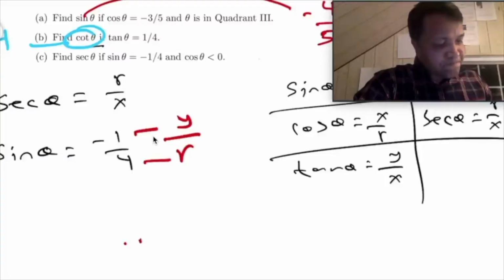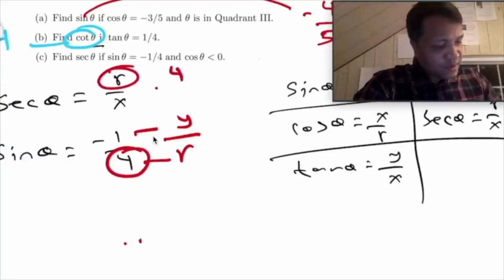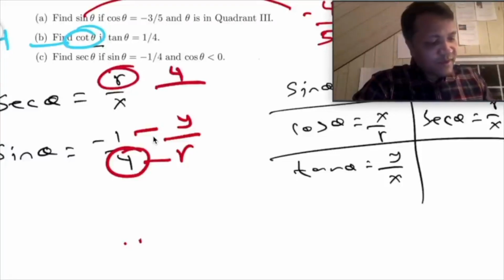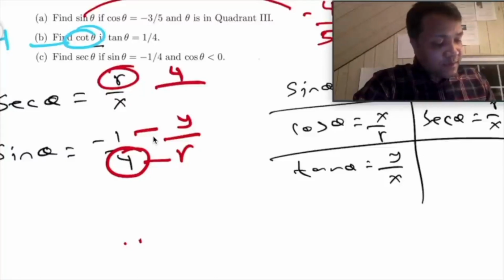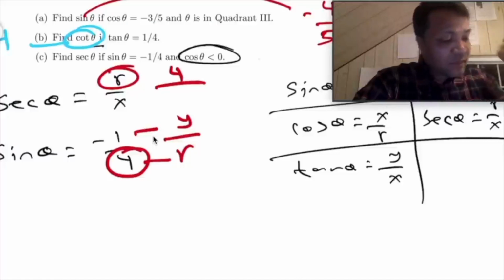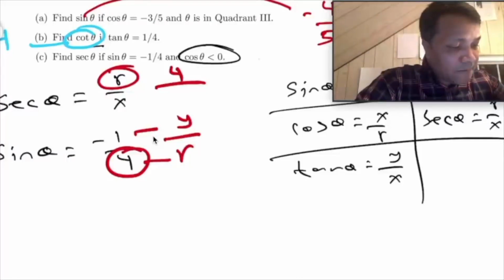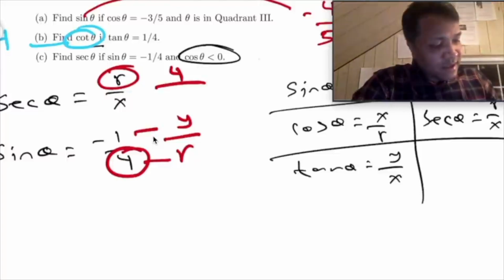We have r, which is 4, but we have to have x. We don't have x, but it's very easy. We have a condition: cosine has to be negative.